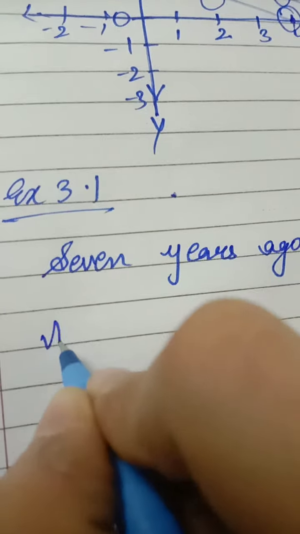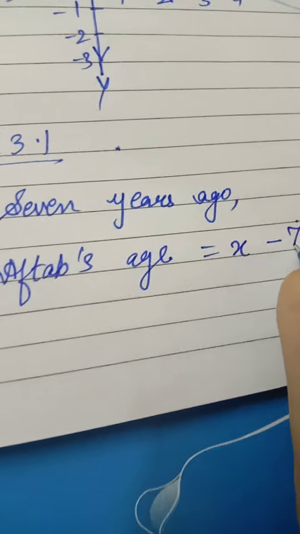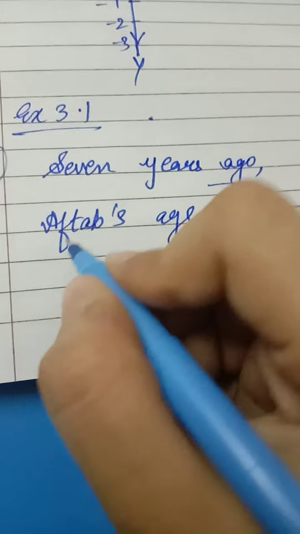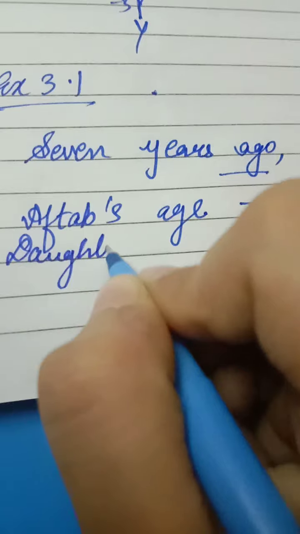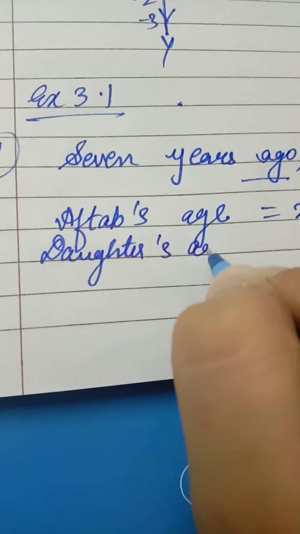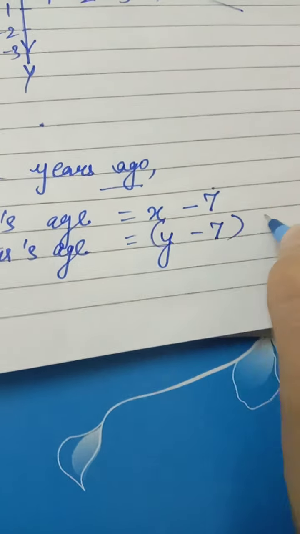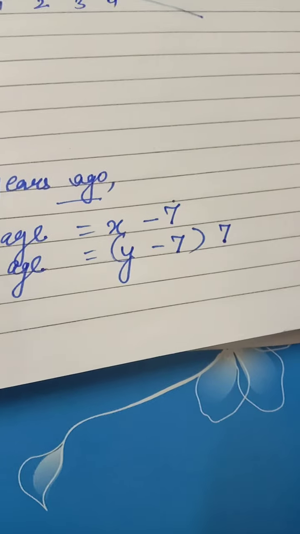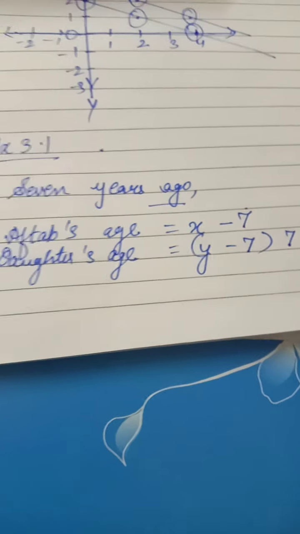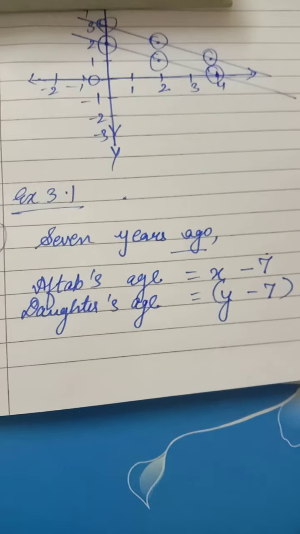We have Aftab's age as x minus 7, and daughter's age is y minus 7 multiplied by 7, since Aftab is 7 times as old as his daughter.